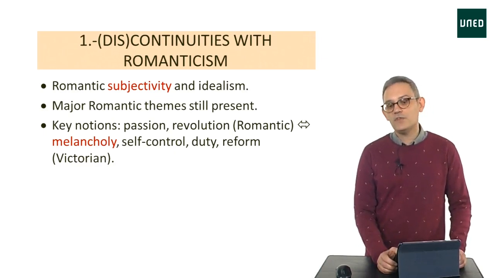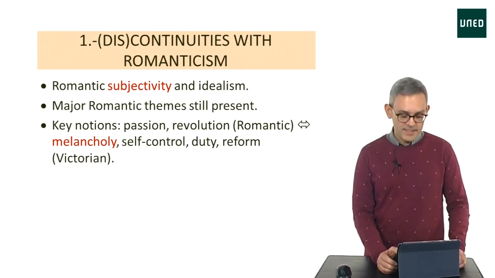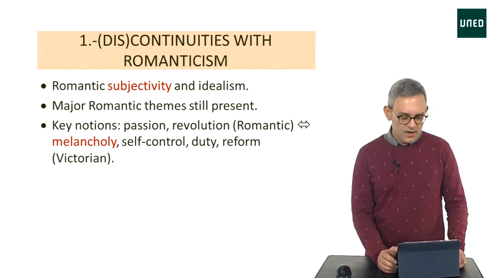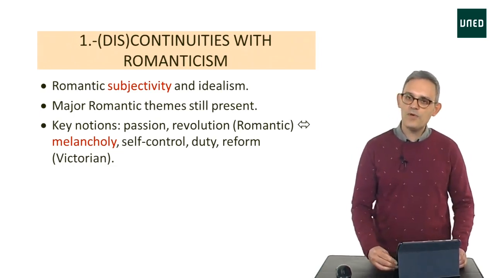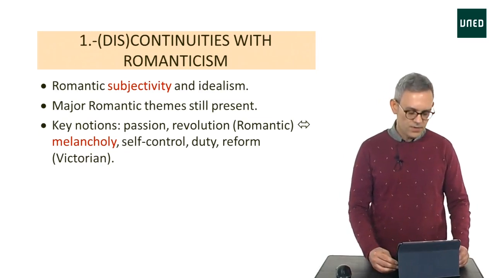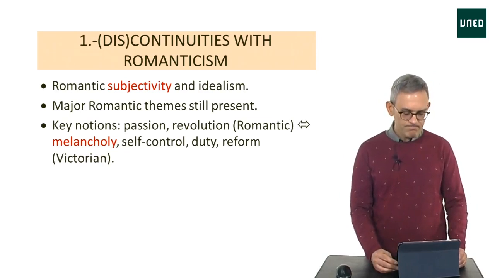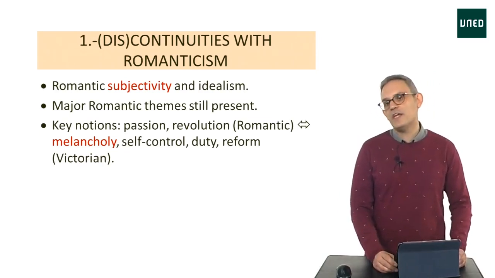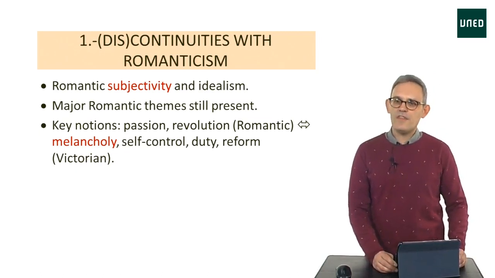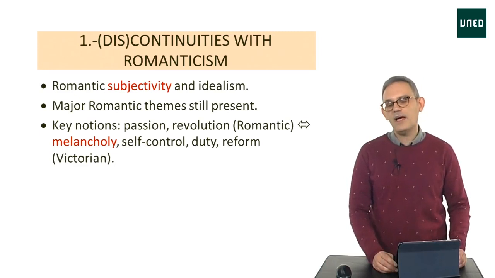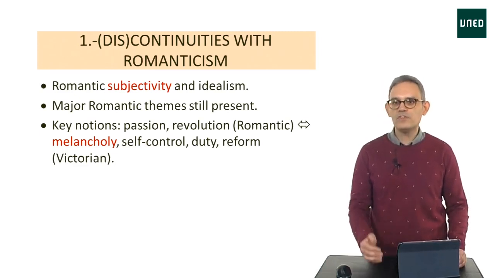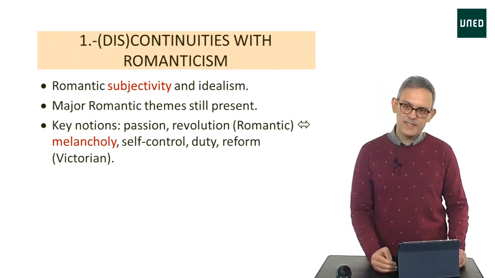If we associate Romanticism with revolution, the Victorian age is characterized by very sensible, controlled, rational reform. So revolution versus reform. The poetry of the Victorian period, therefore, can be considered an expression of attenuated or toned down Romanticism.